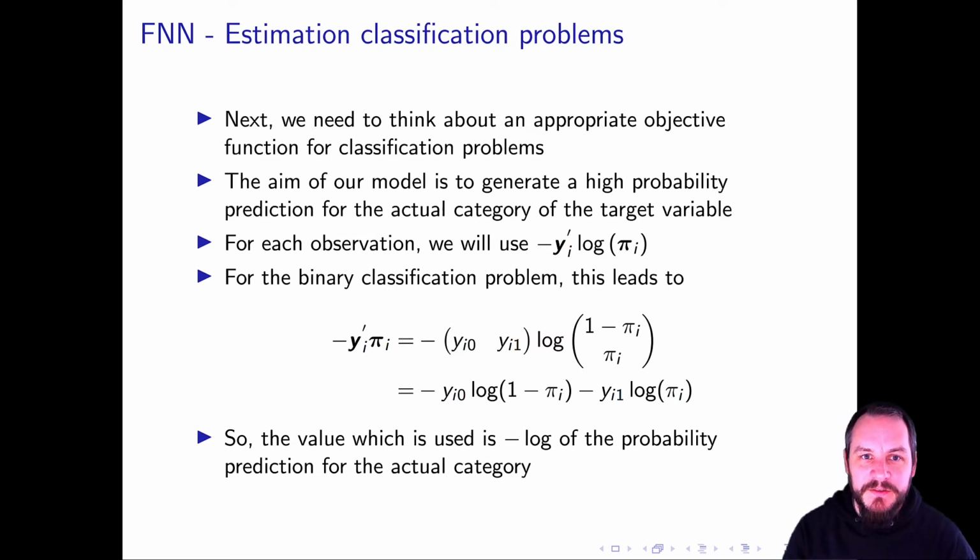And if it is a female person, then we want to take a look if our model is able to generate a high probability estimate that it is a female person. Okay, if it is a male person, then we only focus on the question if our model is able to generate a high probability estimate for a male person.